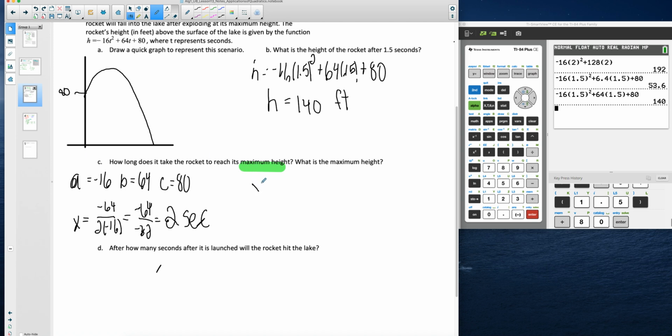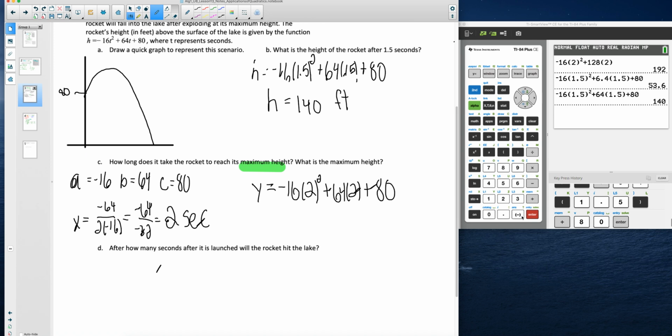So y equals negative 16 times 2 squared plus 64 times 2 and then plus 80. You can see this is taking a long time to do, so you guys are probably going to be speeding past me here.